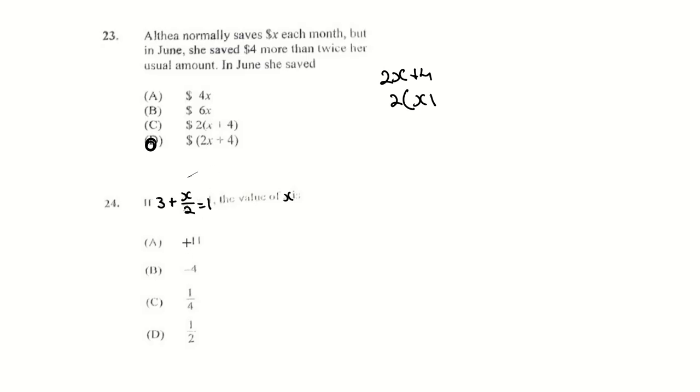If I put 11 over 2, I'm getting a fraction, so it definitely cannot be E. If I put B, 4 over 2 is 2, 3 plus negative 4 over 2, so the answer would be B.